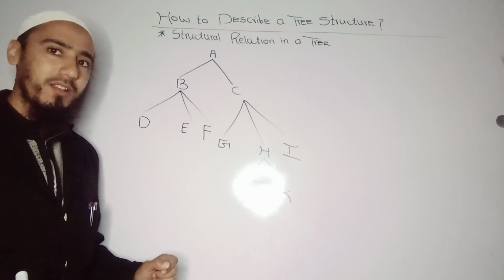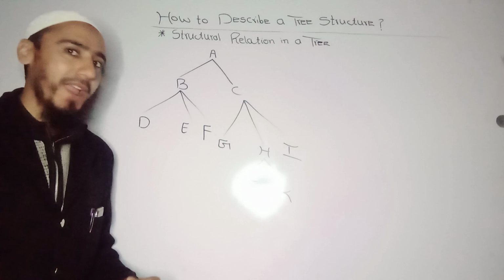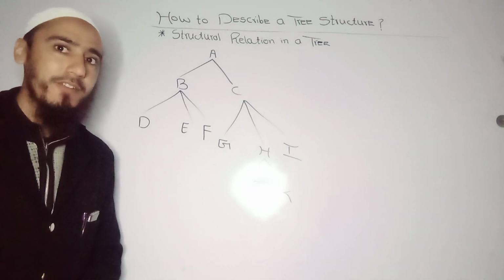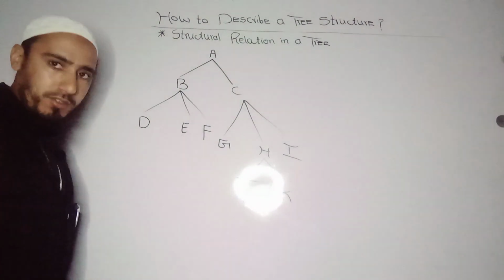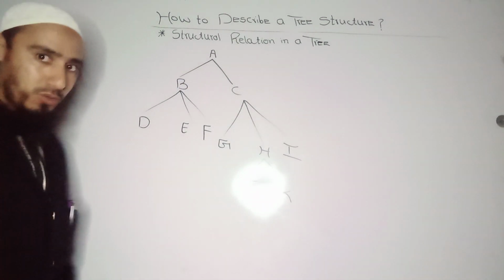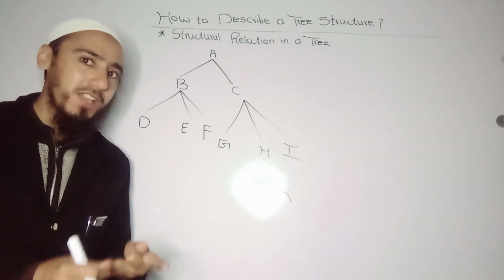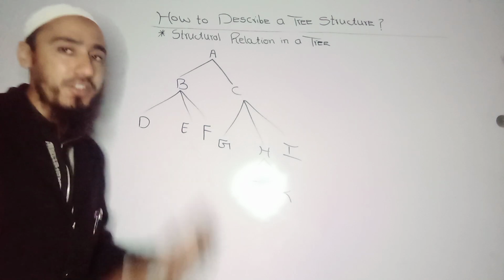Okay, listeners and audience, now let's come to the basic tree diagram. What are the most important things in the tree diagram and what relationships do they have with each other? First of all, we have a node. What is a node? A node is a position, a location or a point in a tree diagram.